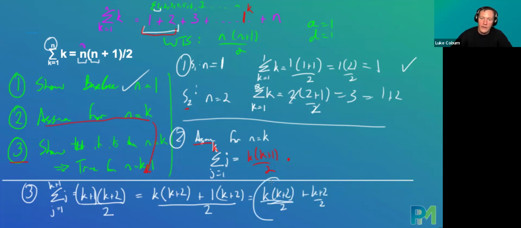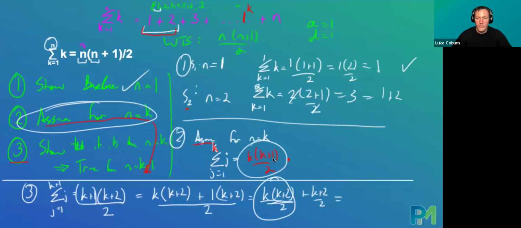Okay, now this one here, using step 2, this is where what we have from step 2, the induction hypothesis, comes down. This is the sum up to k, right? So this is the sum of j for j equal to 1 to k, plus k plus 2 over 2.